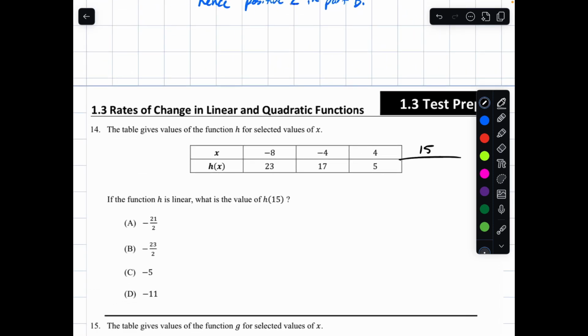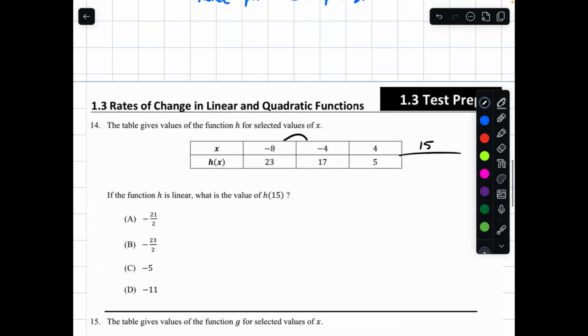Which is a little bit tricky because if we look at our table, it kind of jumps up by 4 here, and then it goes by like plus 8. So it's kind of weird. But the one thing that we know about linear functions is that our rate of change is constant. So if I can find the rate of change over 1 unit, I could use that idea to get from here to here. So what I need to do is take the average rate of change somewhere.